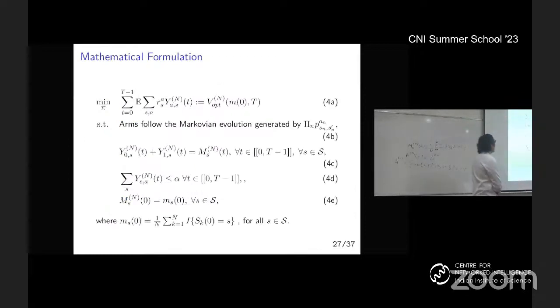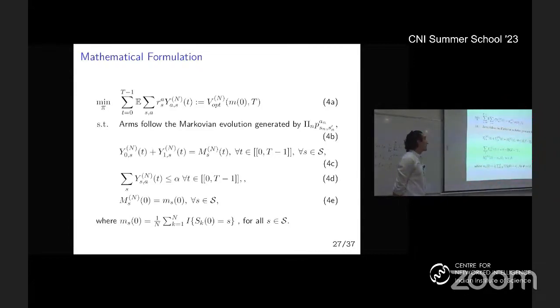Now what is the mathematical formulation of this problem, the restless bandit with N arms? I'm trying to maximize my reward, the expectation should be there, but it's okay, depending on the fraction of arms where I play A in S at time t, with my classical constraints.